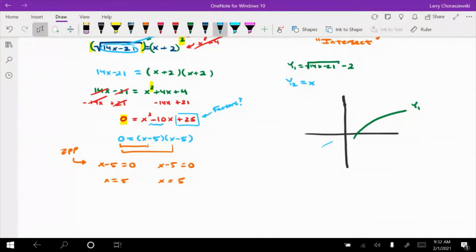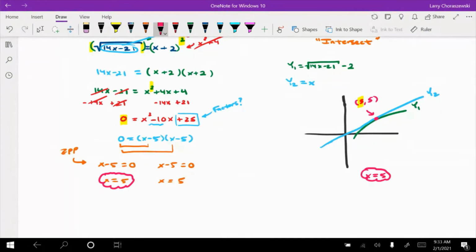There we go. Okay, so the graphing calculator confirms our answer of x equals 5. We really only need to cloud in one of those duplicate answers.